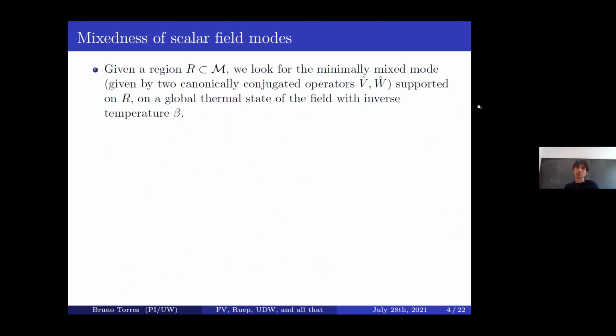Now, given any local region in spacetime, what we are interested in here is to look for the minimally mixed mode that will be defined in terms of these two canonically conjugate operators that I'm calling V and W here. We will investigate the mixedness of such a mode for a general global thermal state of the field labeled by inverse temperature beta.